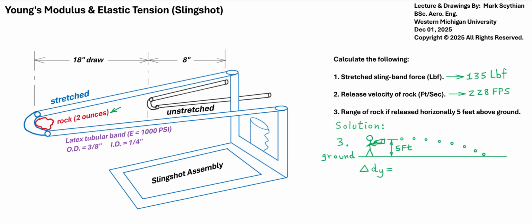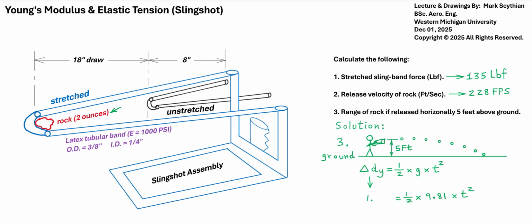We can use the delta d sub y equation, the free fall distance equation in kinematics. So it's 1/2 times gravity times t squared. We can just use metric values. So 5 over 3.28 is equal to 1/2 times 9.81 meters per second squared gravity acceleration times t squared.